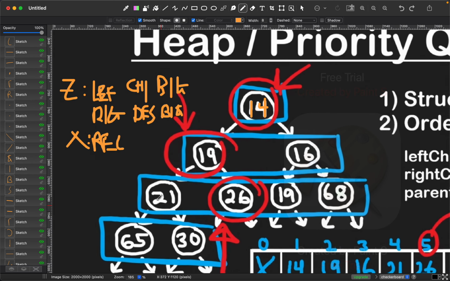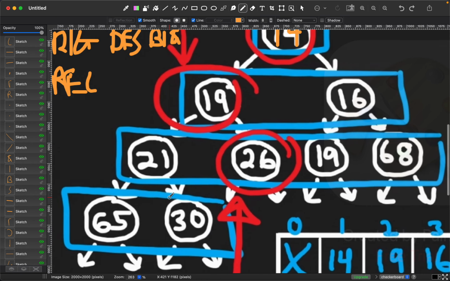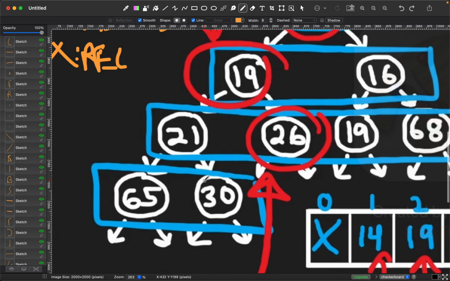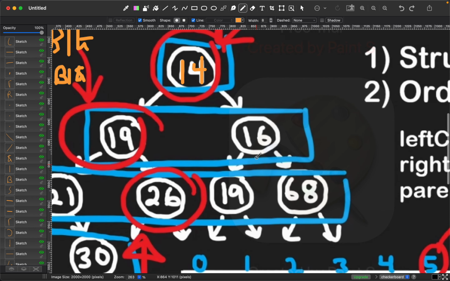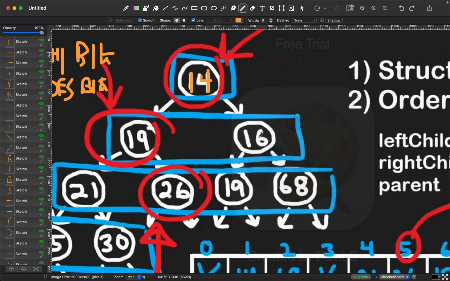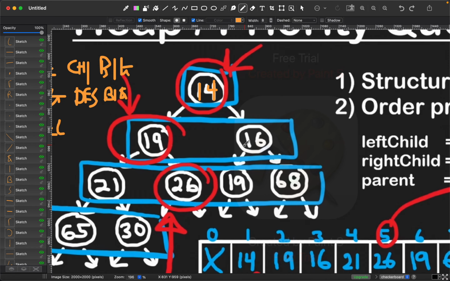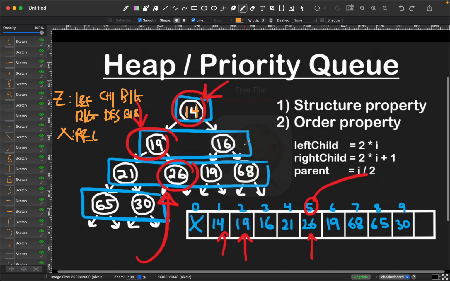You go to 21, you ask the same thing, the descendants 65, 30 bigger, cool. And then you ask this guy 19 and 68, also bigger. So eventually everything just obeys the rule, in my opinion, and that's great.